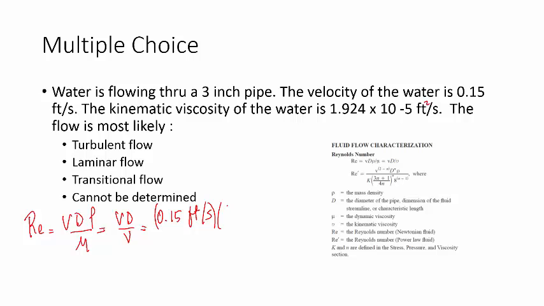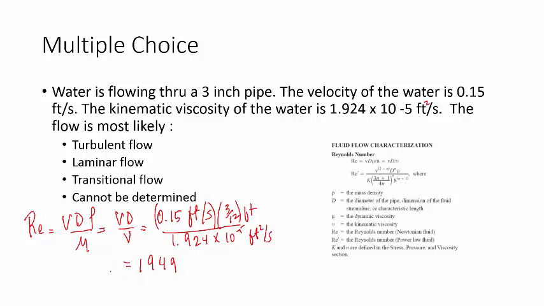The diameter is 3 inches, so divided by 12, over 1.924 times 10 to the minus 5 feet squared per second.